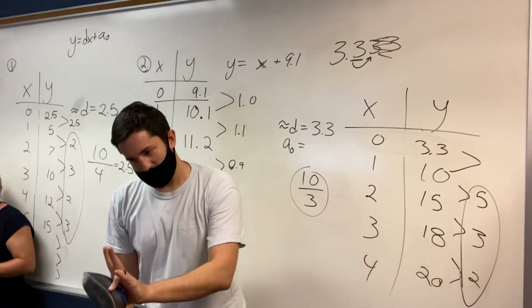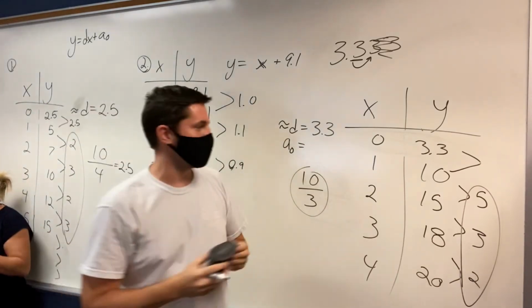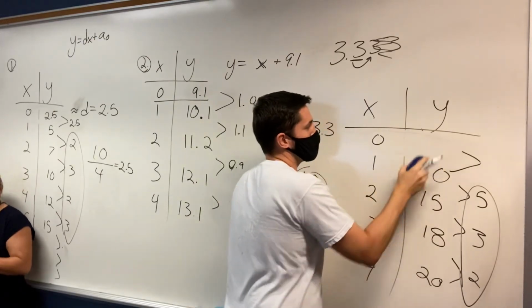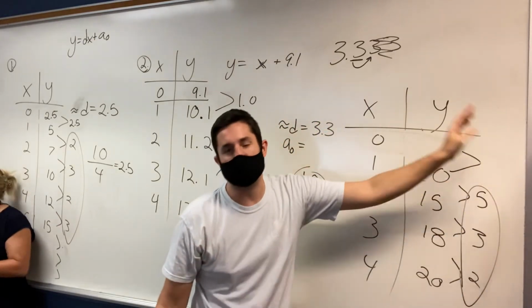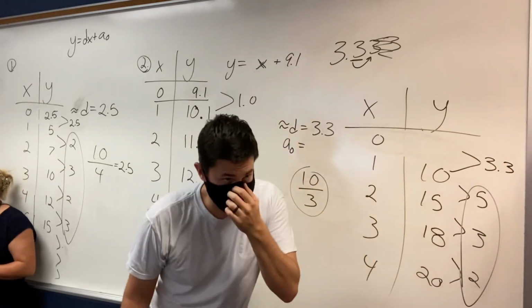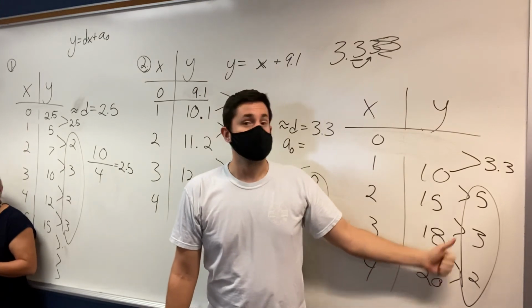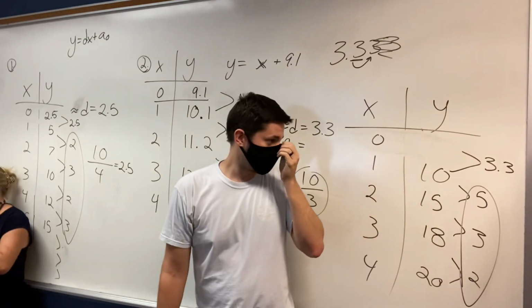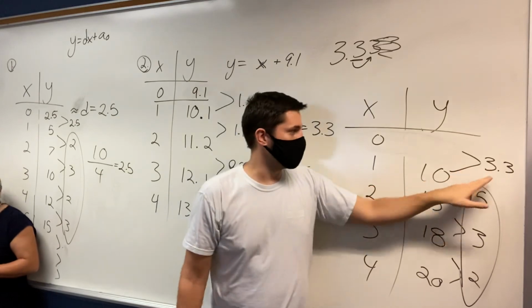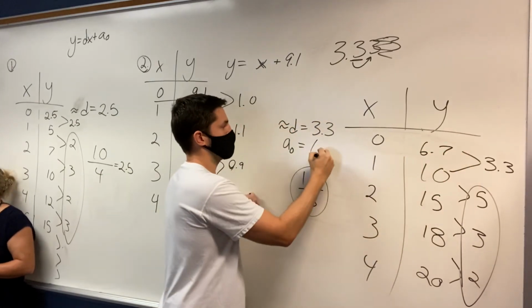No. You got so close. You did so much good math. And then right at the last second, you messed up. You are calculating the average difference in the difference column. So make sure it's a difference, okay? What am I going to do with that difference with the 10 now? You subtract it. I'm going backwards, right? 6.7. So 10 minus 3.3 is 6.7. That's my a sub 0, 6.7.